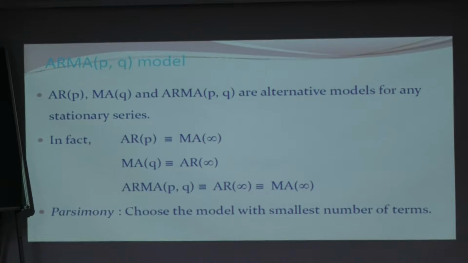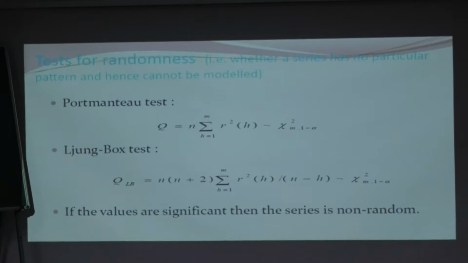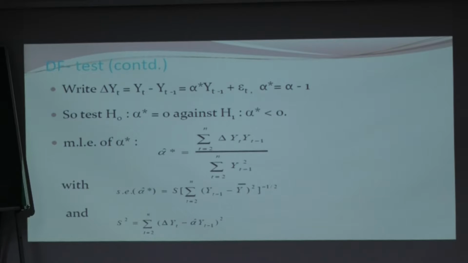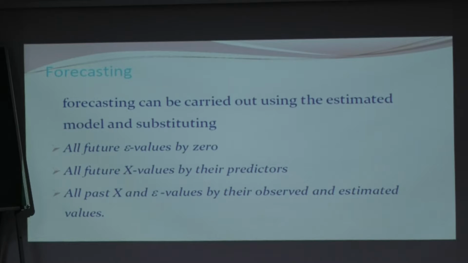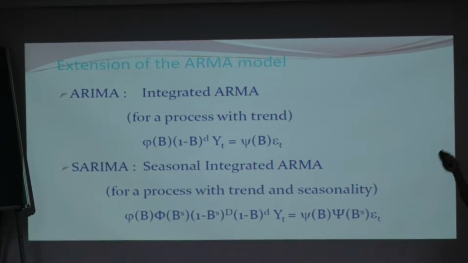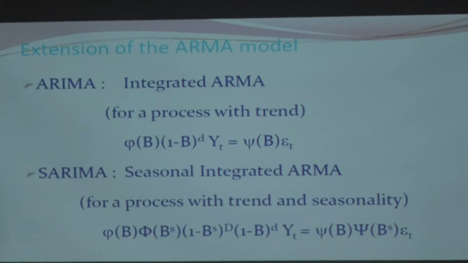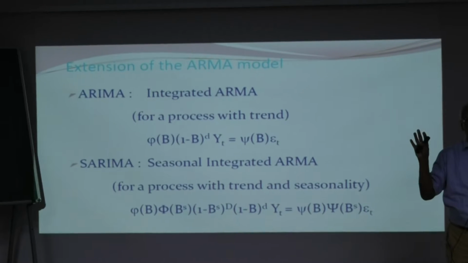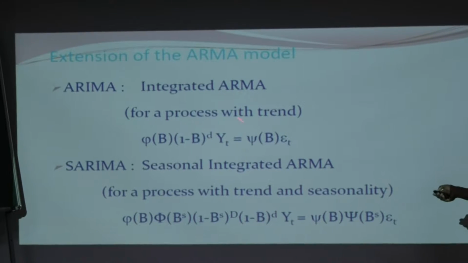Maybe I'll come to this slide slightly later. I'll skip all this for a moment. I'll come back to all those, but I'll come back to the ARIMA process because this is where you all start with. Okay? We talked about ARMA. Any questions on ARMA? You have understood what ARMA is. Okay? ARIMA is a special case.